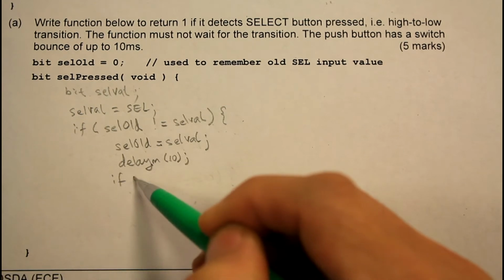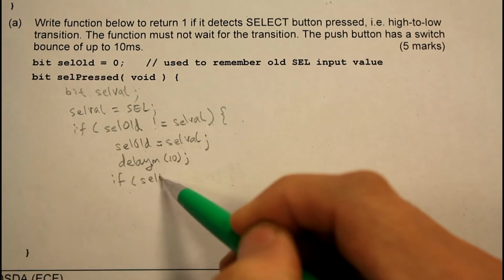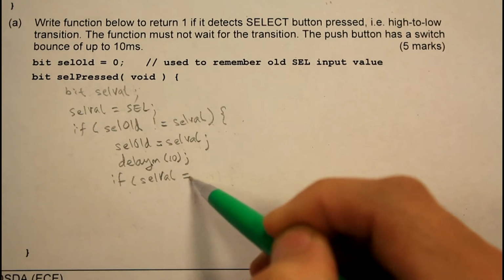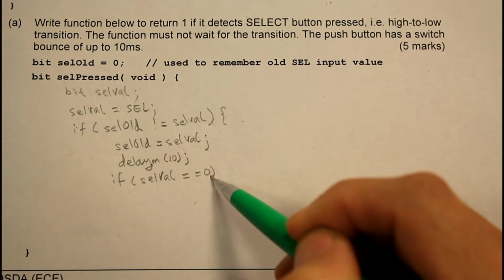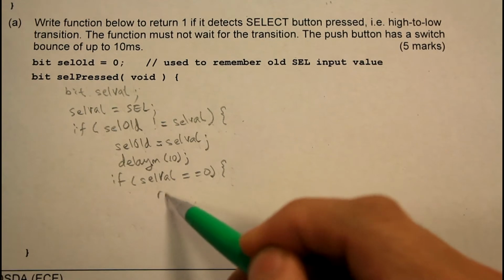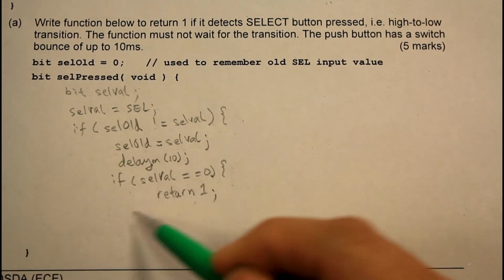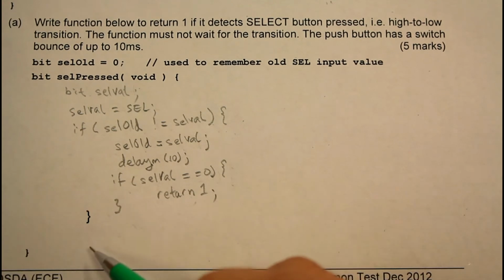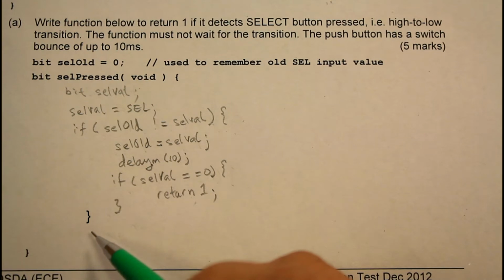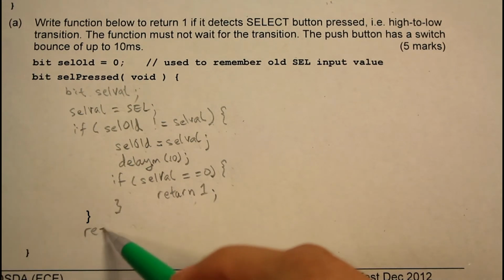If the switch value new is equal to 0, it means that previously it was high, now it's low. This means it's a high to low transition. So we have to return a 1. Otherwise, it could be there's no transition or it's a low to high transition. In that case, we have to return a 0.